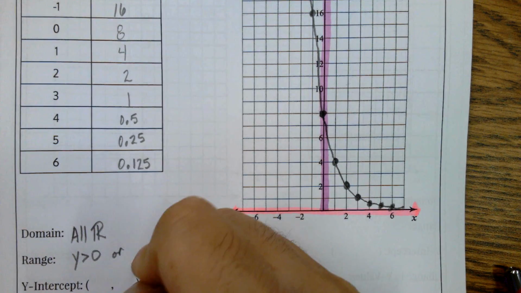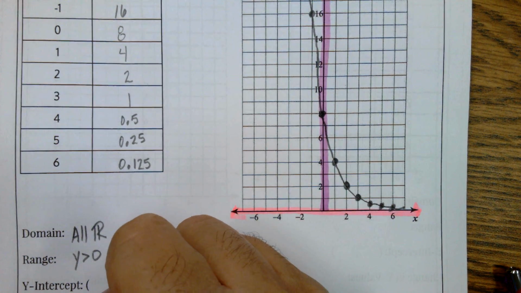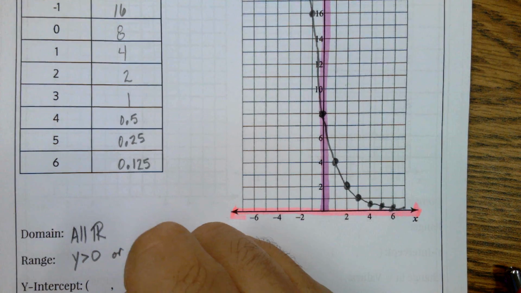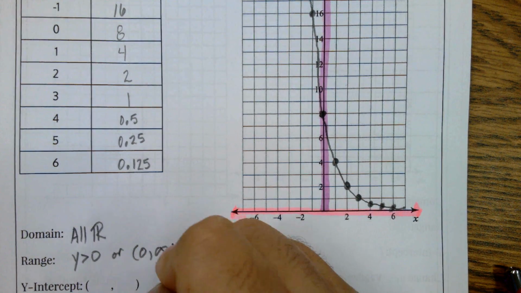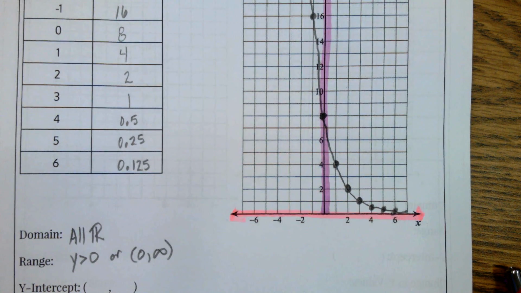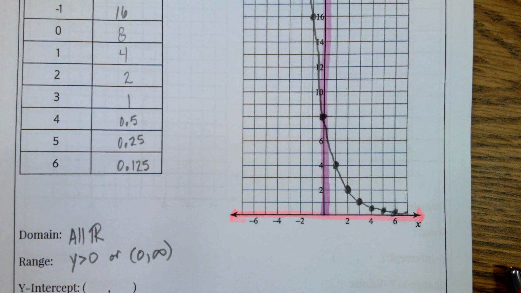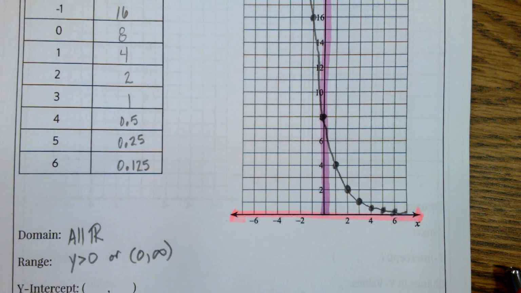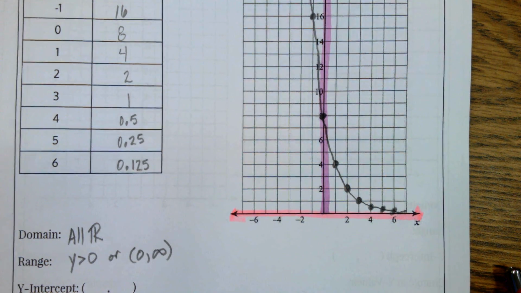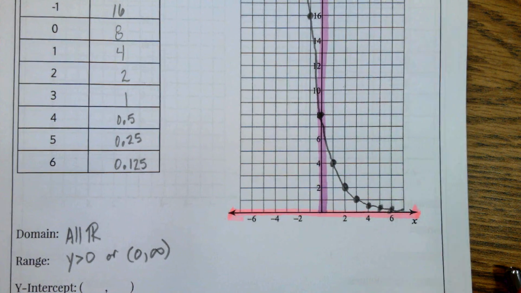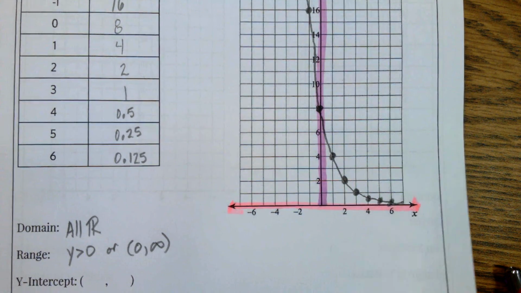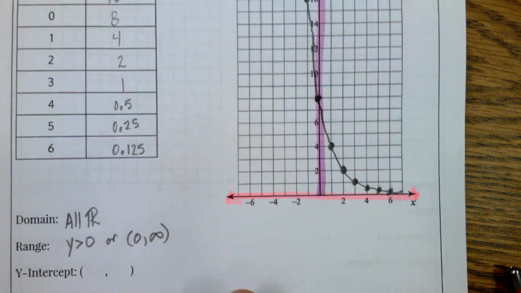Or from 0 on to infinity. Either one. Where did we intercept that y-axis? 0, 8.